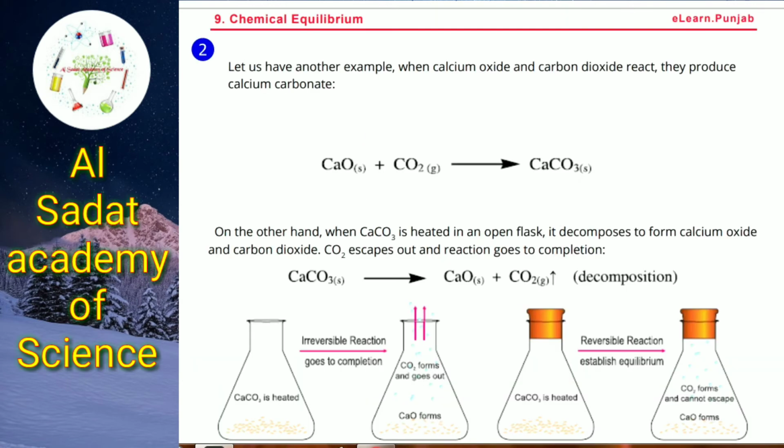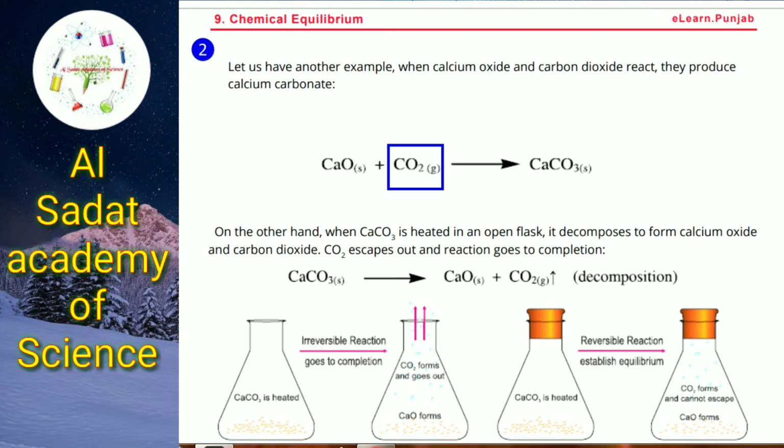Here is example number 2. We are going to discuss example number 2, which is also an example of a reversible reaction, and here some new details will be discussed. In this reaction, carbon dioxide is a gas, and the other two are solids. When calcium oxide solid combines with carbon dioxide gas, it forms CaCO3, calcium carbonate, which is also a solid.